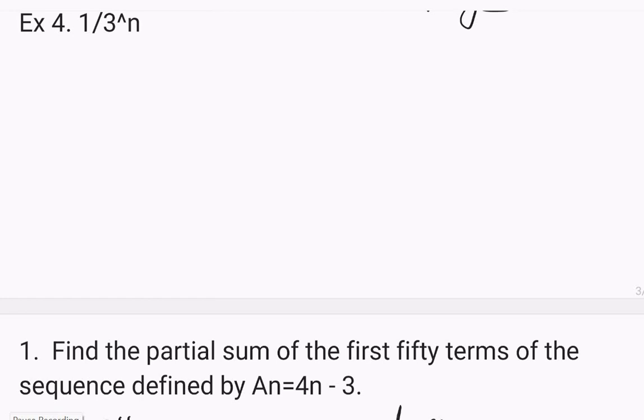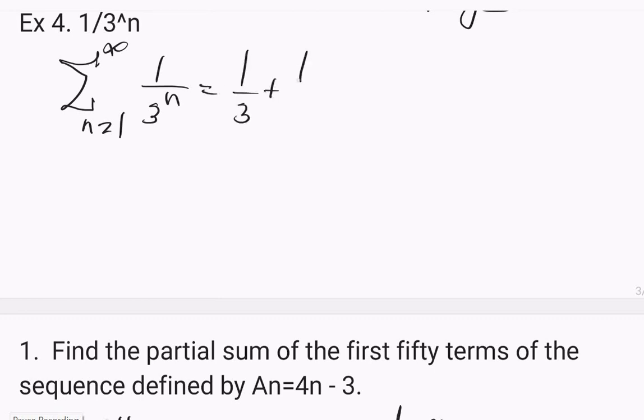The next one is the infinite series of 1 over 3 to the n, which equals 1 over 3 plus 1 over 9 plus 1 over 27 plus 1 over 81 and so on.